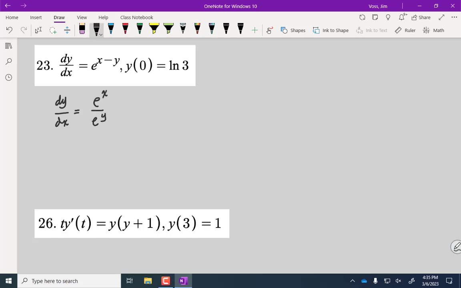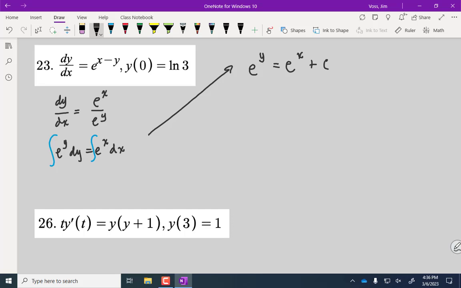All right, so there's the first step, just getting rid of the combined x and y in one exponent. Then we end up with e to the y dy equals e to the x dx, and then we integrate both sides. So we'll have e to the y equals e to the x plus c.